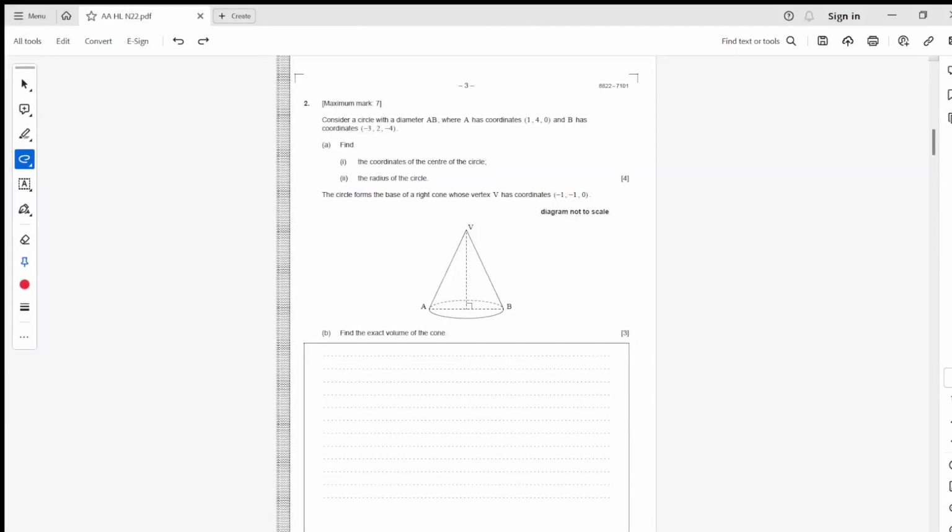So the next question asks us about the coordinates of the center of the circle, the radius of the circle, and the exact volume of the cone. So let's begin with the center of the circle. It will be at the intersection of the height and the diameter AB, and it's the midpoint of AB. So we can just write it like this.